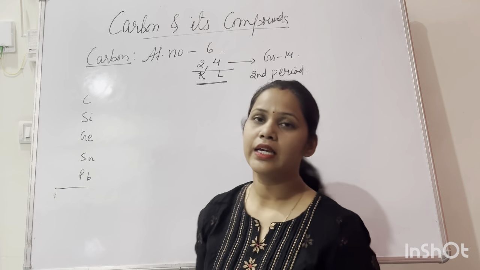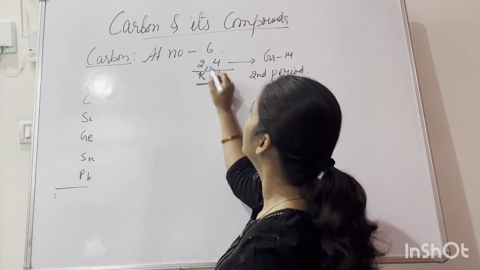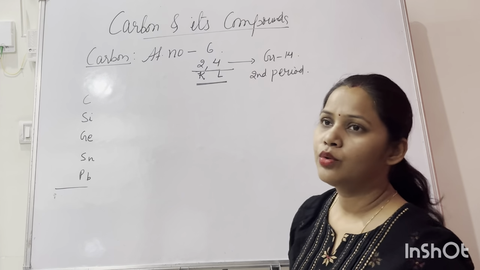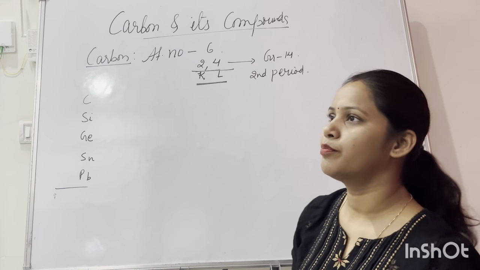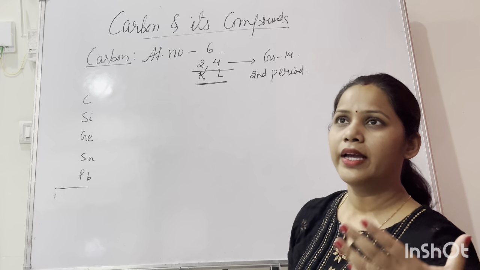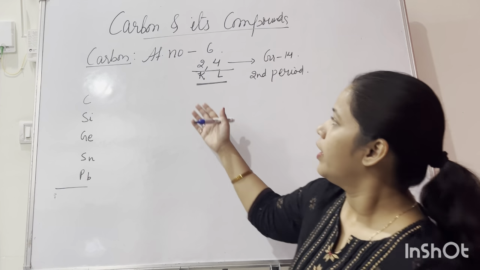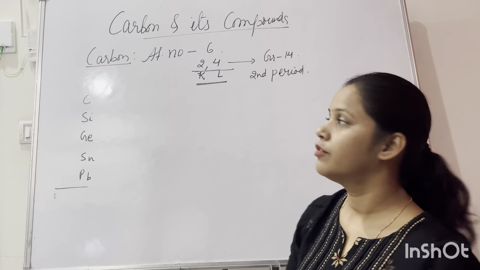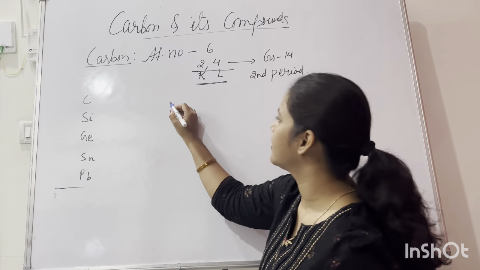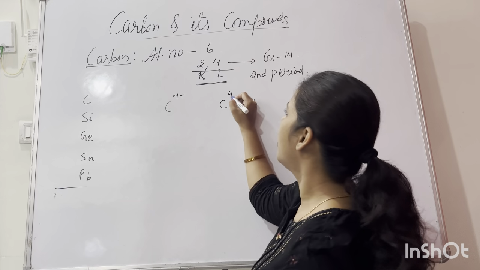What is the uniqueness of carbon? As I told you, the electronic configuration of carbon is 2, 4. And we know that the reactivity of an element depends upon the tendency to lose or gain electrons, basically how it is able to acquire the nearest stable gas configuration. So, for carbon to attain the nearest noble gas configuration, it can have either C4 plus or C4 minus.